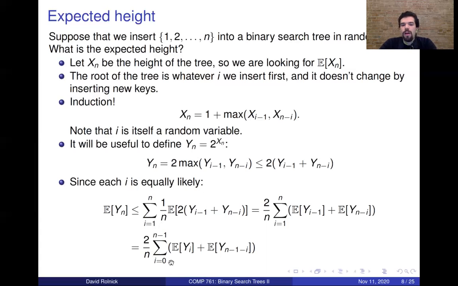You have a sum of this is expectation of y0 in one of these. It's a sum of expectation of y0, y1, all the way up to y sub n minus 1. And this is a sum of expectation of y sub n minus 1, y sub n minus 2, all the way down to y0.